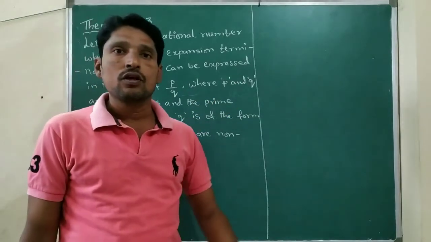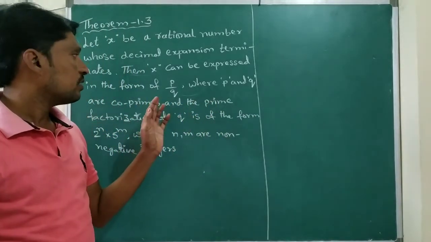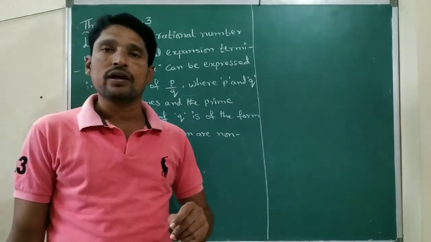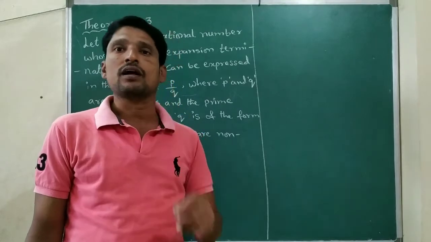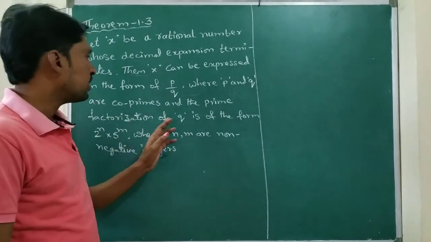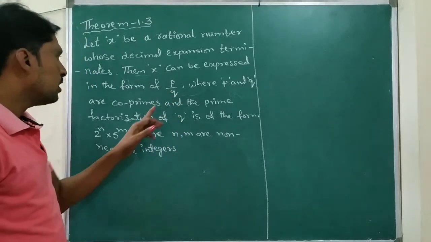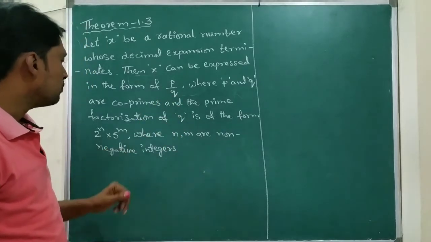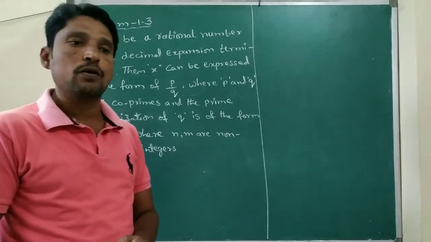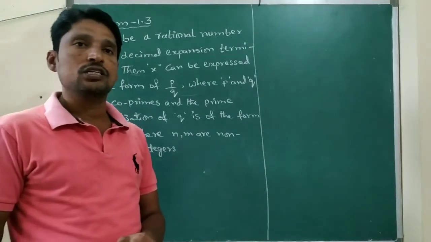What is co-primes? p comma q having only one as the common factor. Only number one is the common factor. That is co-primes. And the prime factorization of q, q means the denominator. The denominator q is of the form 2 power n into 5 power m. So here n, m are non-negative integers.